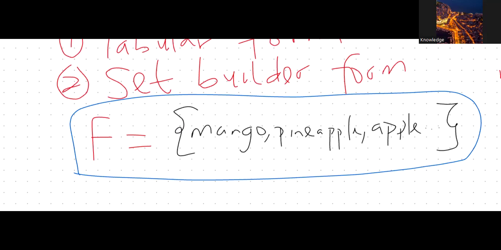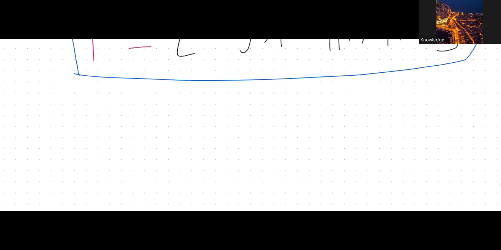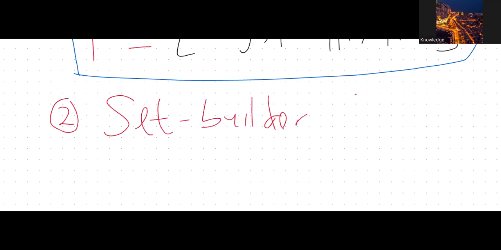We have the second type of set notation, how they can give you a set to be written, which is the one we said, the set builder form. Number 2, set builder form. The set builder form is the next set notation we will be talking about.